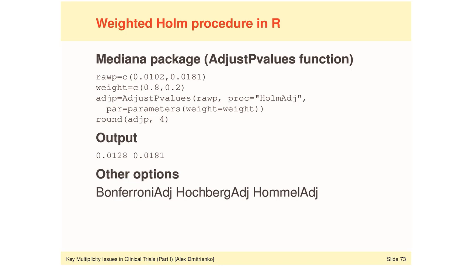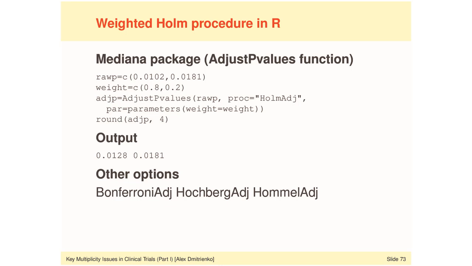Secondly, the second argument, proc, defines the multiple testing procedure that will be applied. This parameter is set to HolmAdjust, and here HolmAdjust is the name of the built-in function within the Mediana package that implements the Holm procedure, and we use the suffix Adjust to indicate that this is a function that performs a multiplicity adjustment.